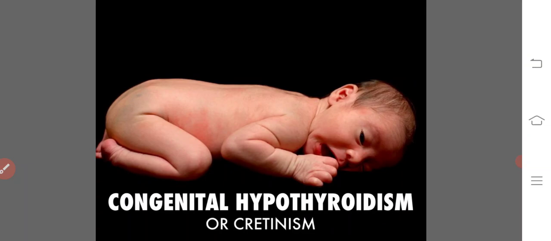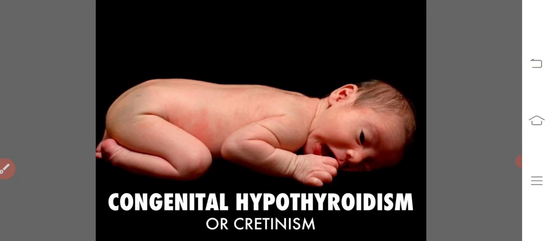Pituitary dwarfism is the disorder due to the deficiency of the growth hormone, somatotrophic hormone. All the body parts may be grown in harmony, but they look very short, dwarf. All the body parts may be well developed.